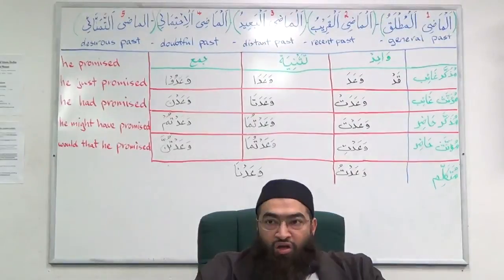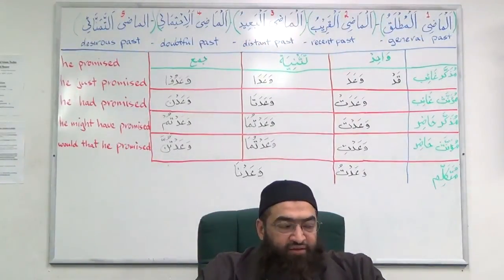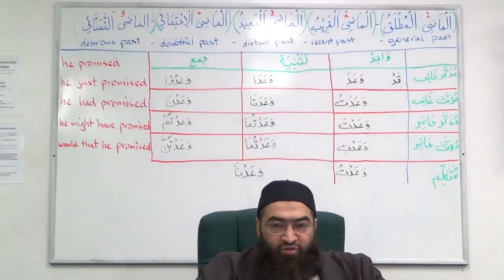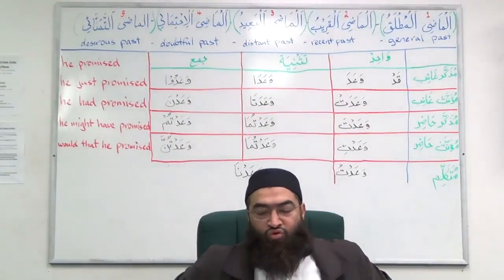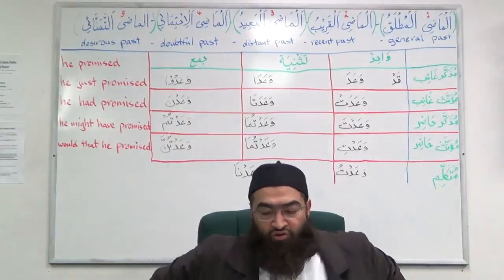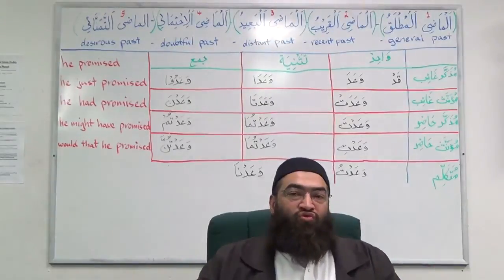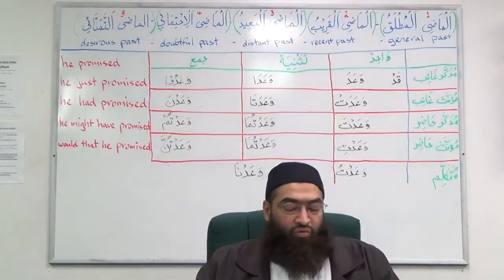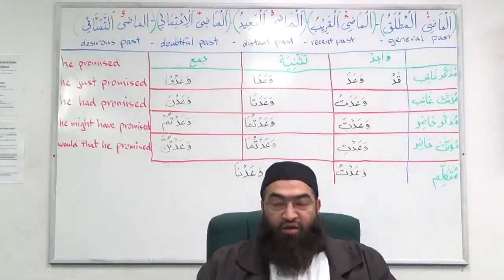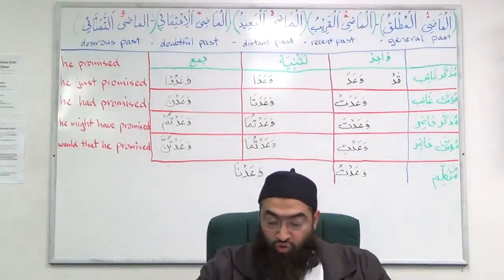And then we know the conjugation, shuriba, shuribu, shuribat, shuribna, shuribta, shuribtuma, shuribtum, shuribti, shuribtunna, shuribtu, shuribna. Now we were drank, it's not really used, but we should at least know how to make the fi'l madi al-majhool.